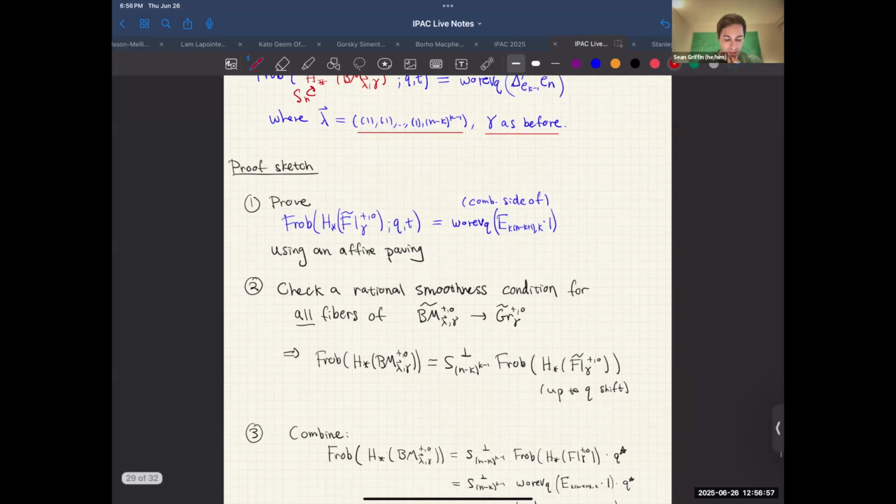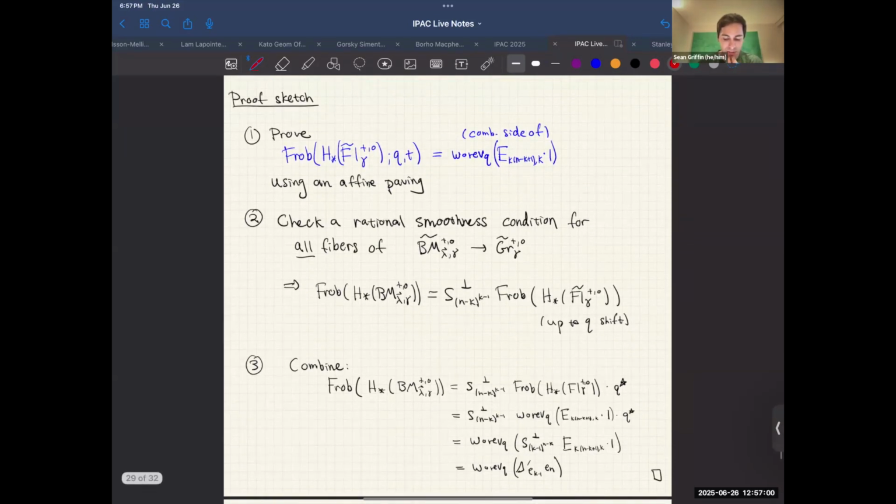The second step is to prove this more general rational smoothness property, essentially that if you take this Borel-McPherson variety and map it down to the affine Grassmannian, the fibers will be some varieties of complete flags. Some of them will be the Delta Springer varieties, some of them will be a little bit more general, but you always get a variety that Jake, Alex, and I have studied previously as a fiber of this map. So this map is composed of things that we understand well.